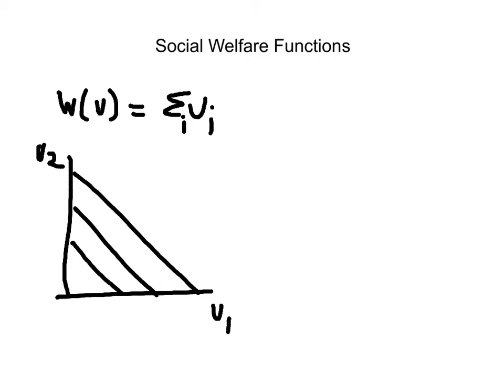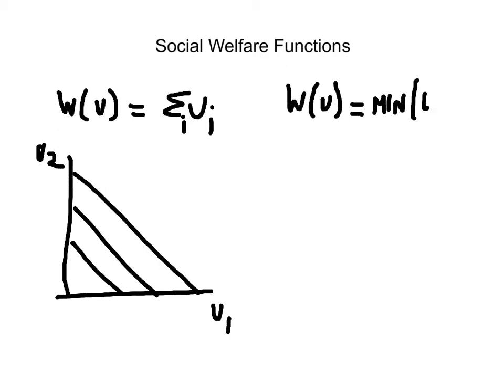The second social welfare function that I'd like to talk about here is the maximin function, which takes the form of the utility experienced by the worst off individual in society.